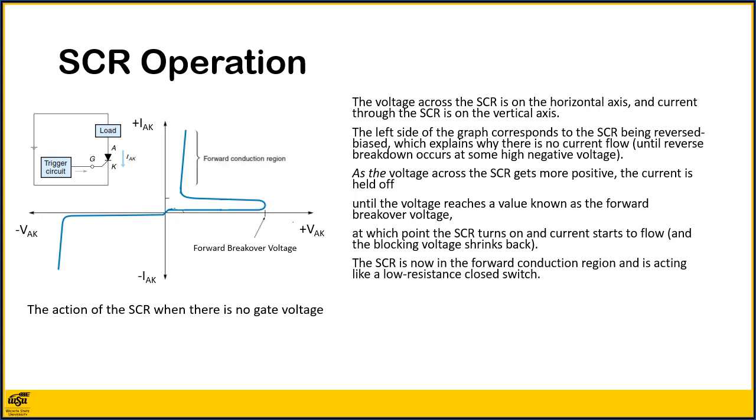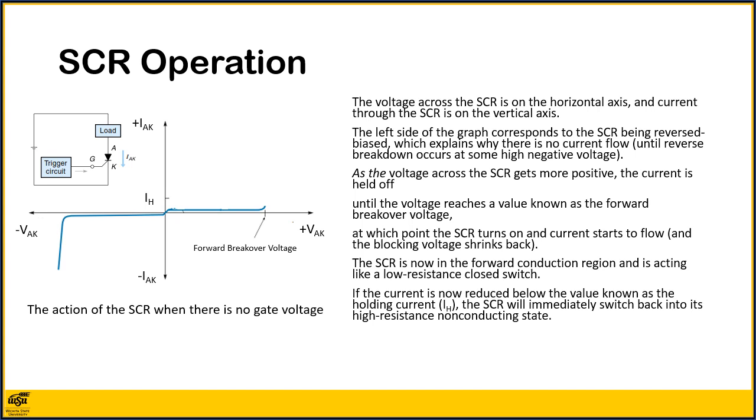The SCR is now in the forward conduction region and is acting like a low resistance closed switch. If the current is now reduced back to the value known as the holding current, IH, the SCR will immediately switch back into its high resistance non-conducting state.